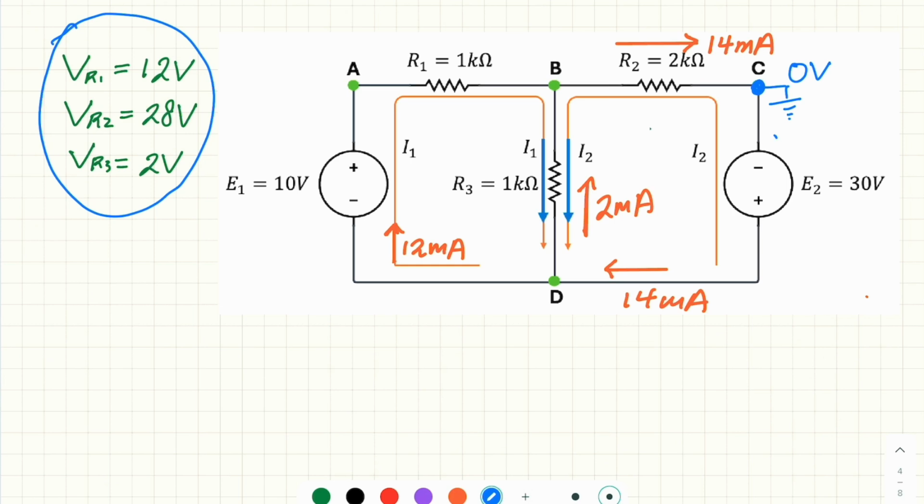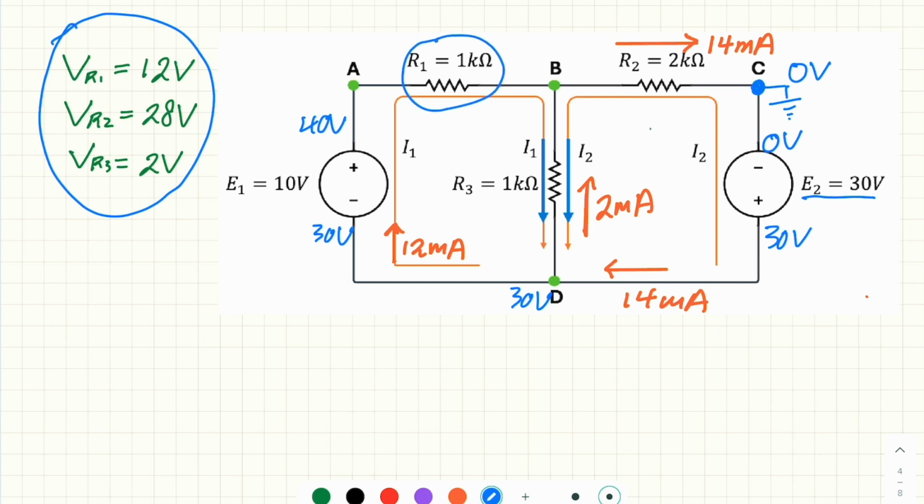If this is 0 volt, E2 will increase it to 30 volt. So this is 30 volt again, and this is 30 volt. E1 will also step up from 30 to 40 volt.